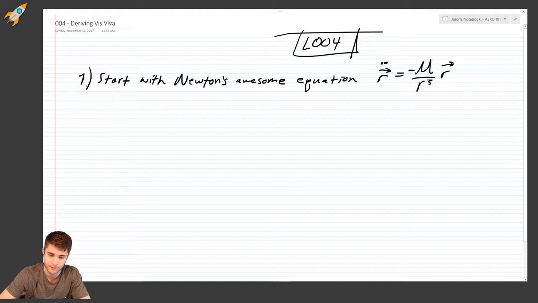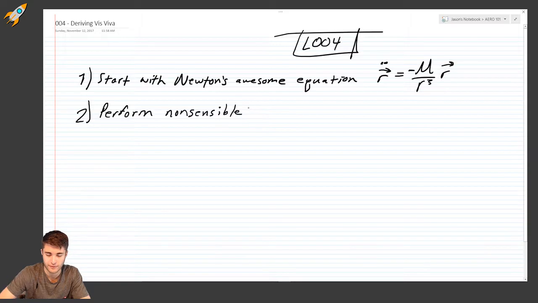Okay, so 2: perform some nonsensical arithmetic to the equation. So we're going to do things to both sides that don't make any physical sense at all.